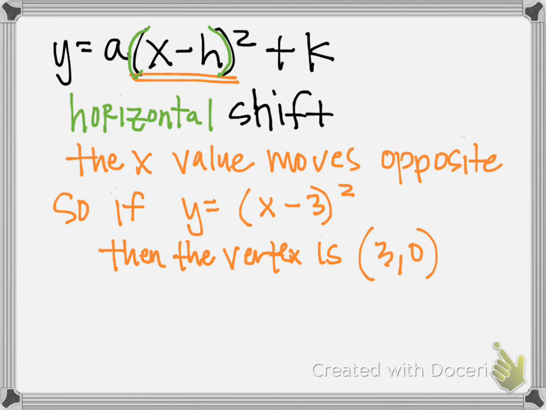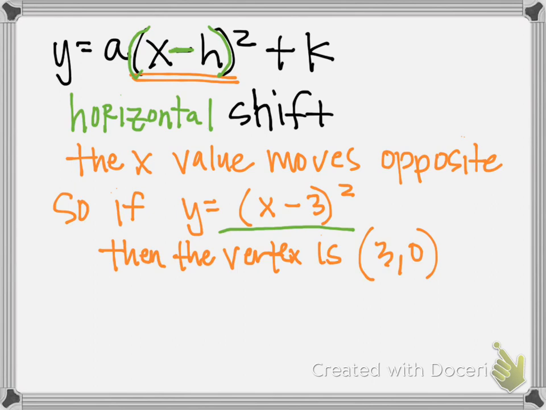All right. So this is how x moves. X is the horizontal axis. So x moves the opposite, because the formula is negative, it moves opposite.